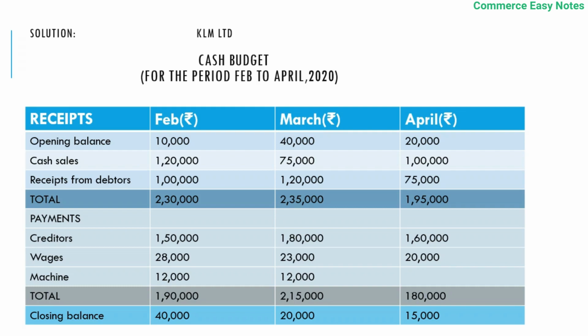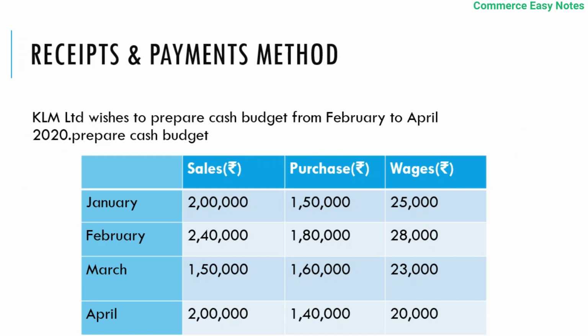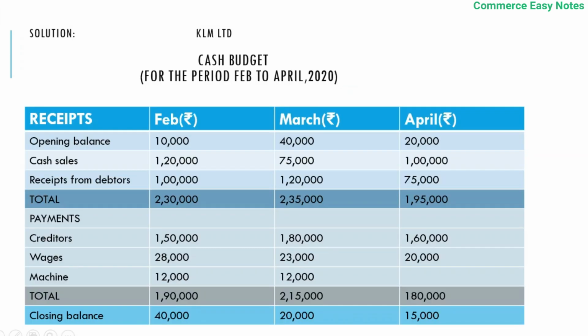Now February's sales. February's sales is 2,40,000. 50% of 2,40,000 comes to 1,20,000. That is given in cash sales, 1,20,000.